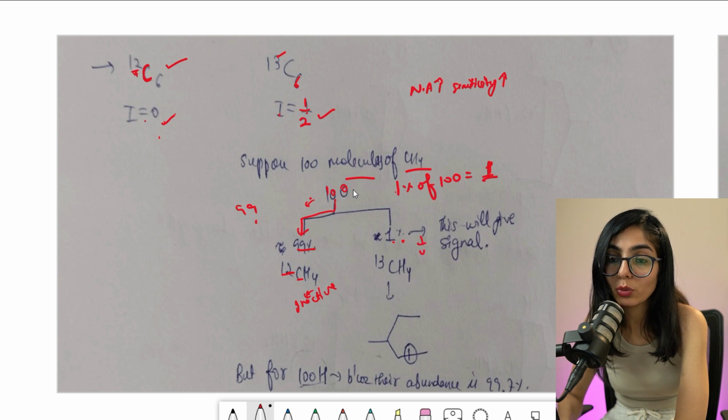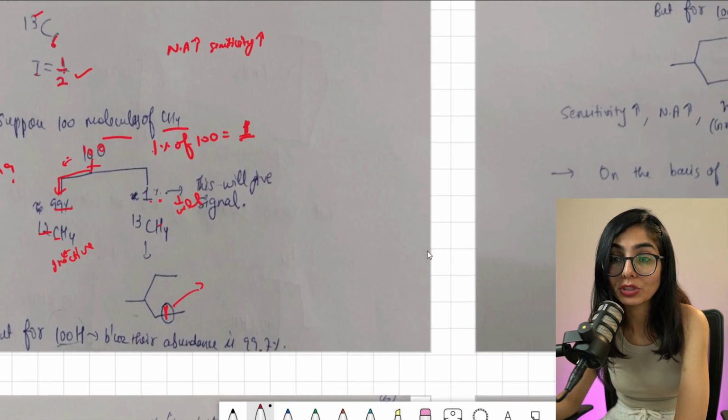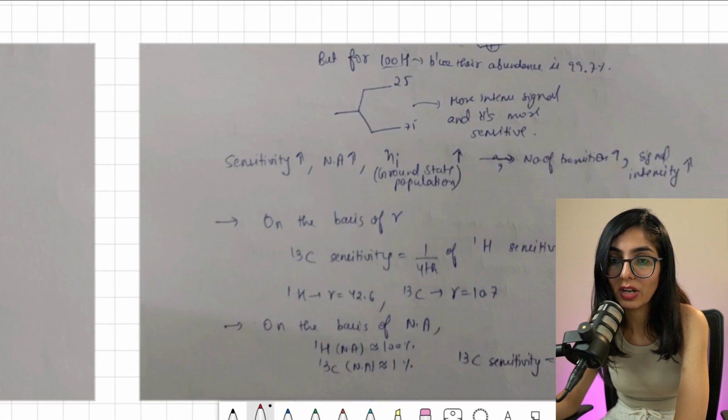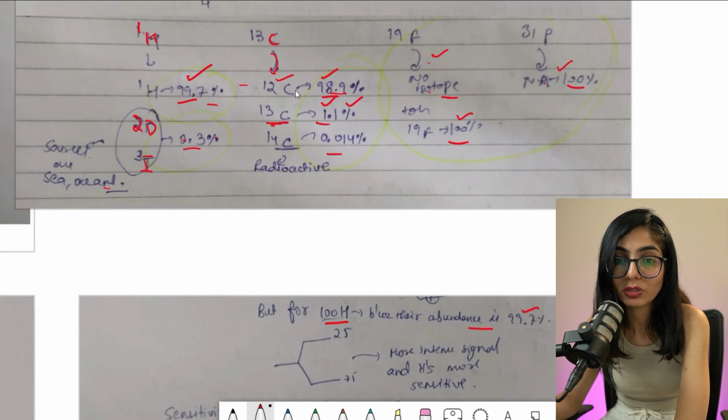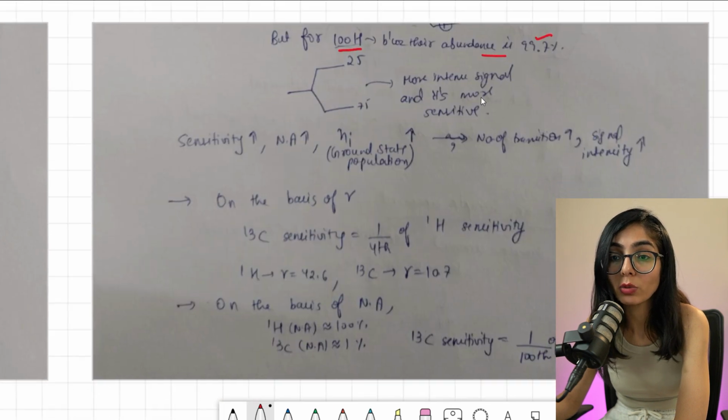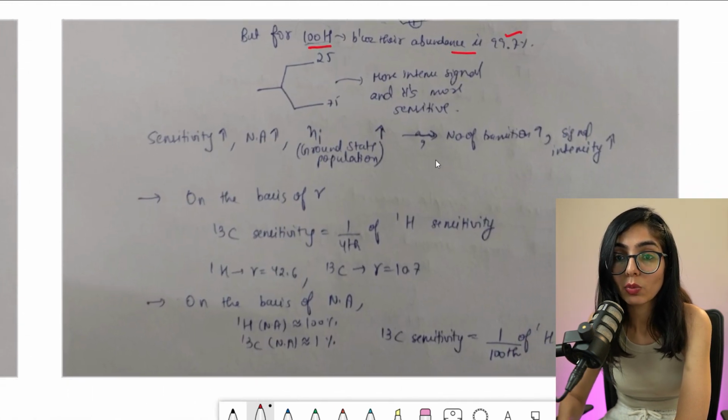So that means I took 100 and only 1 is coming active, so only 1 will be giving signal. So you can just understand. But if we talk about hydrogen's abundance, just see in this slide what will happen. In hydrogen, suppose I have 100 hydrogens and their abundance is almost 99.7%. In the above slide also you can see that it is 99.7%. That means almost 100% 1H is found on this planet. So almost all are active.